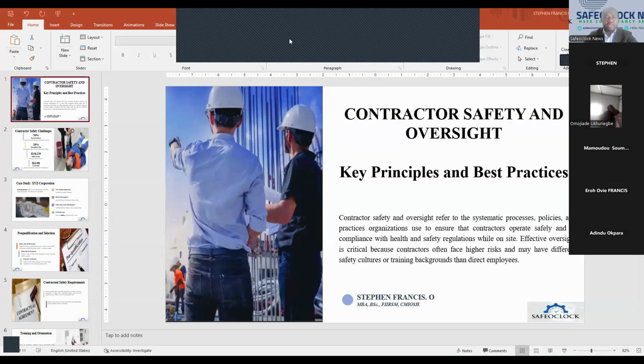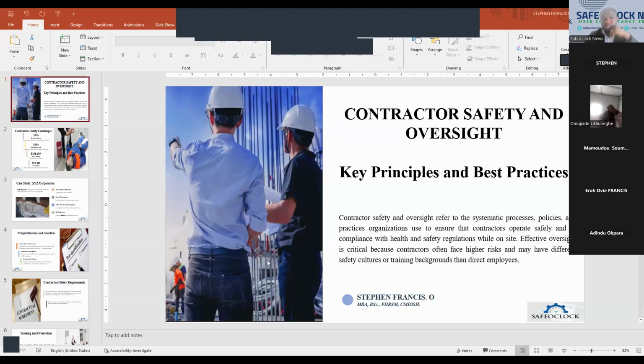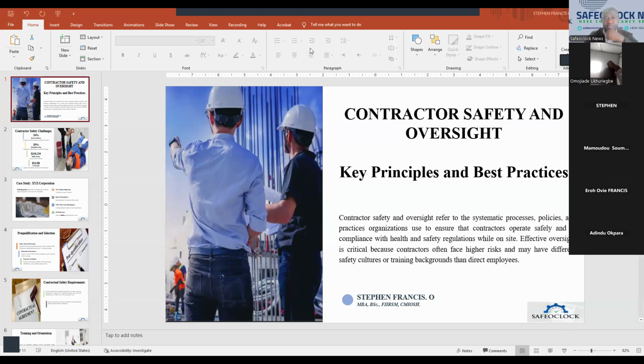I think it's coming. It's visible now. Maybe you can make it full screen. I'm trying to do that. The screen is frozen. I don't know why.